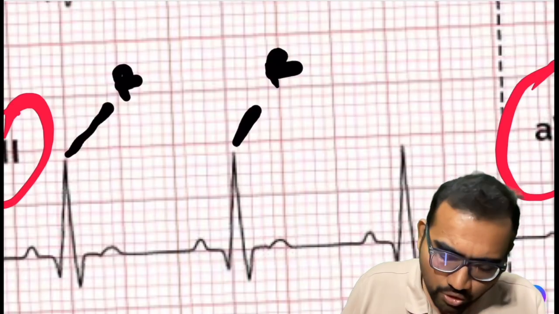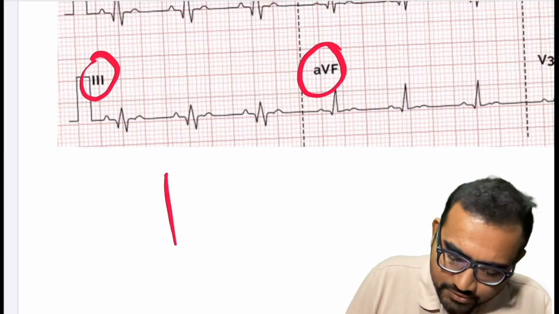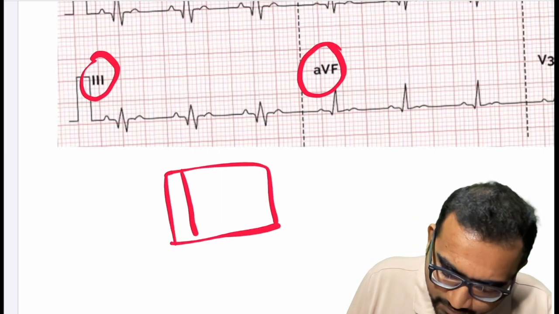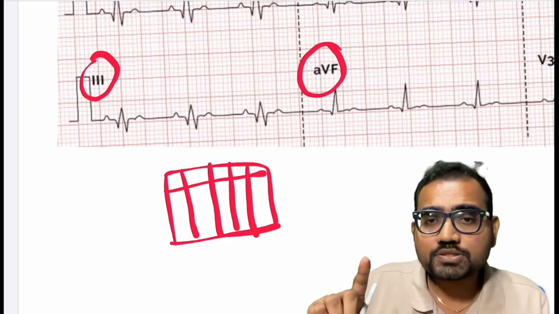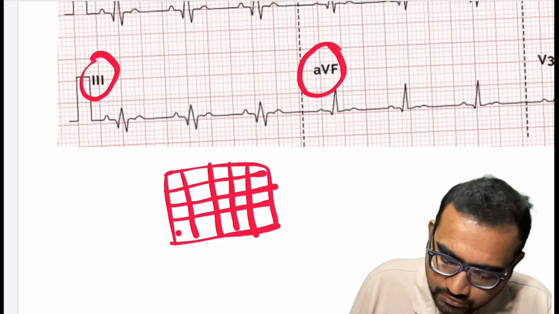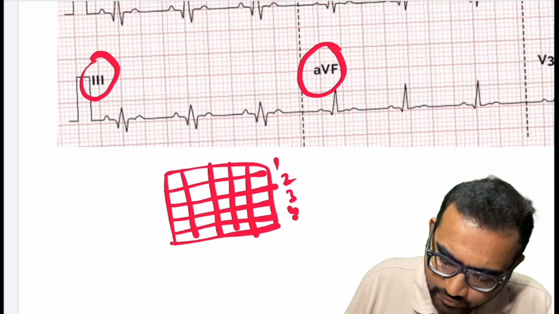Now you see small boxes, right? I'm just enlarging it and writing it for you. Imagine this is one big box. Each big box has 5 small boxes in one row. Similarly, you have 5 rows, so 1, 2, 3, 4, 5.